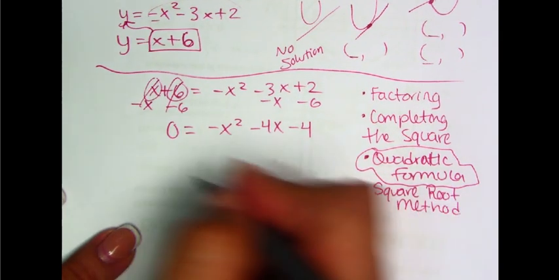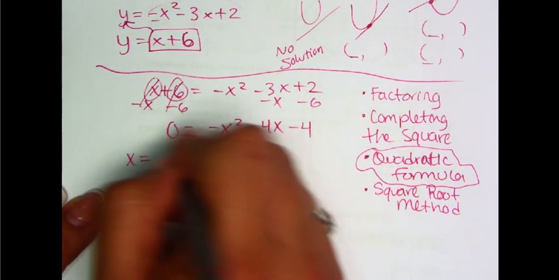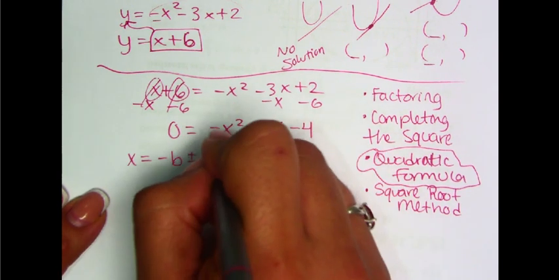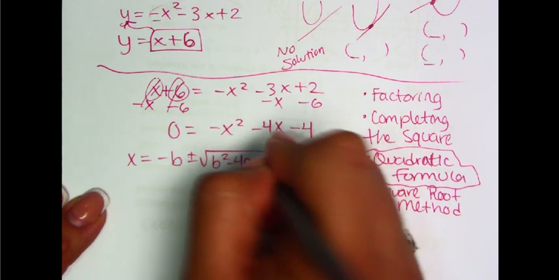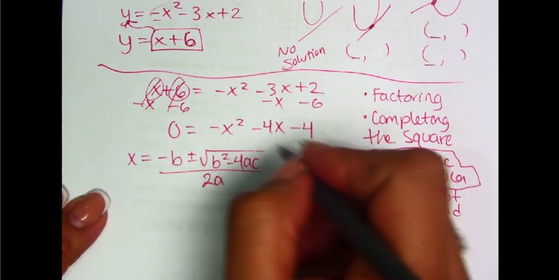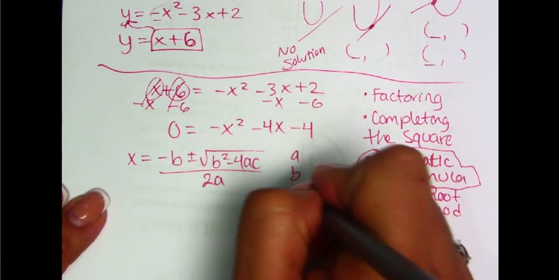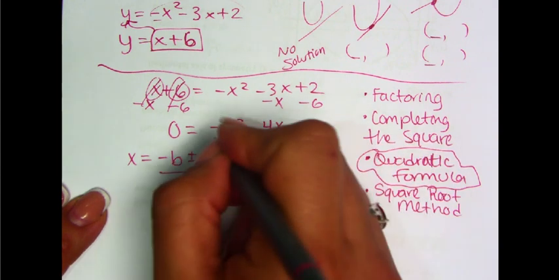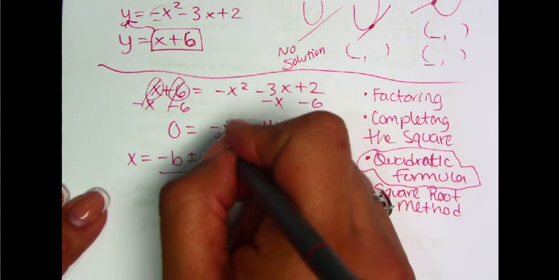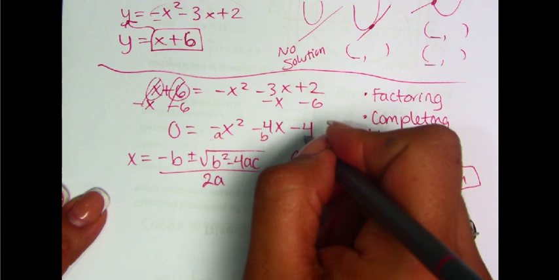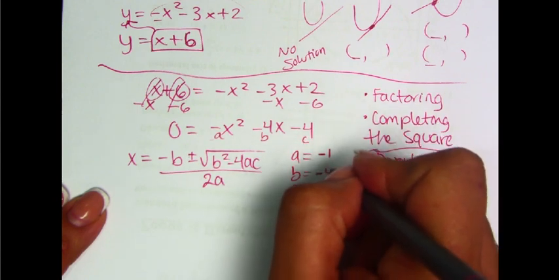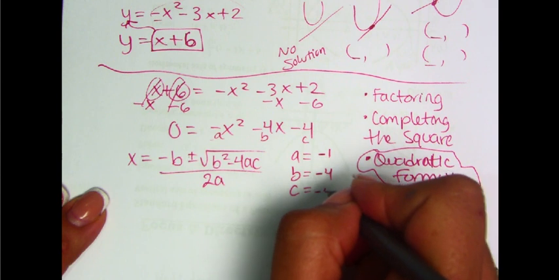The quadratic formula looks like this: x equals negative b plus or minus the square root of b squared minus 4ac over 2a. All we need to do is identify the a, b, and c values of our quadratic equation. This is in standard form already. So a is negative 1, b is negative 4, and c is also negative 4.